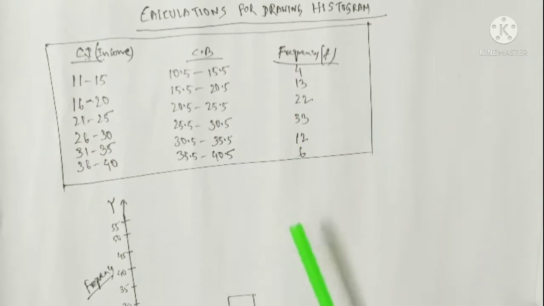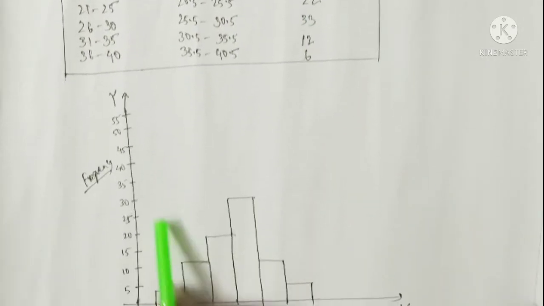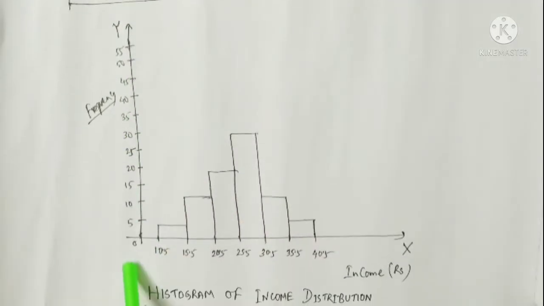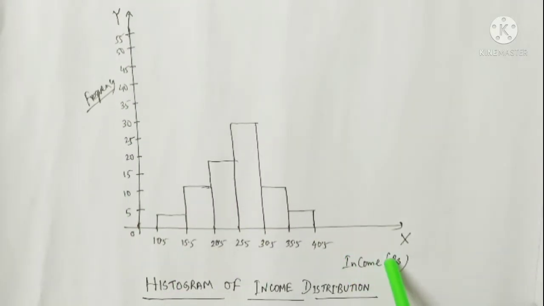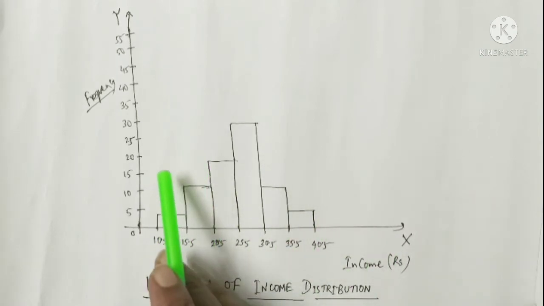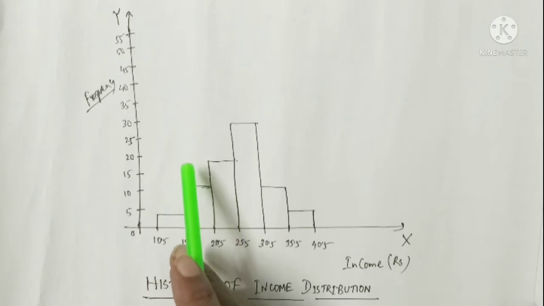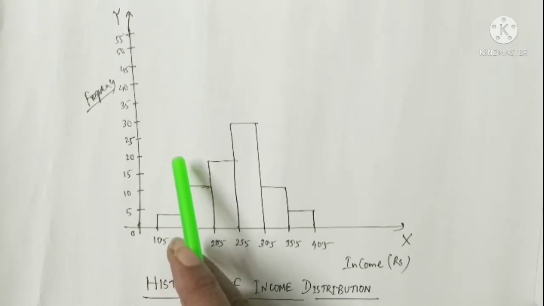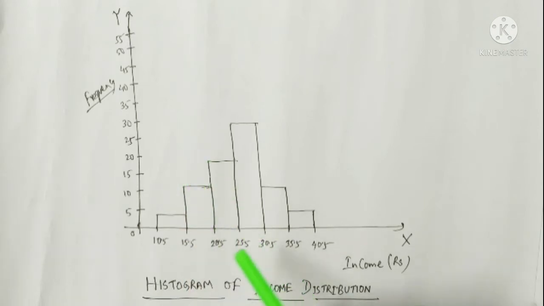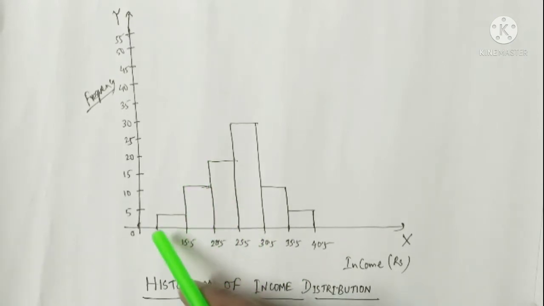Now the figure is this. This is the y-axis, where we measure frequencies. This is the x-axis, where we measure income. This is the income frequency table, and from the first group 11 to 15, that is 10.5 to 15.5, we get frequency 4, and we get this bar.